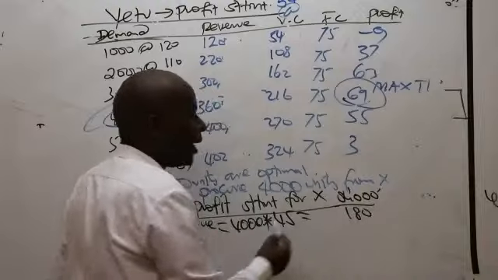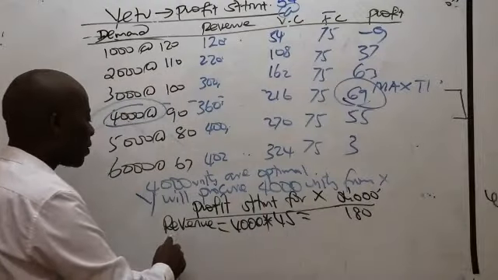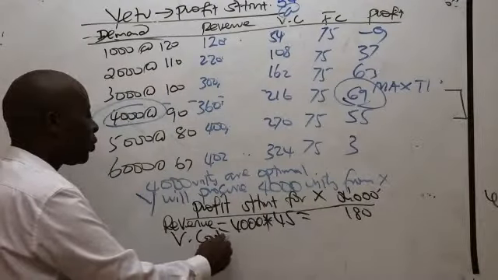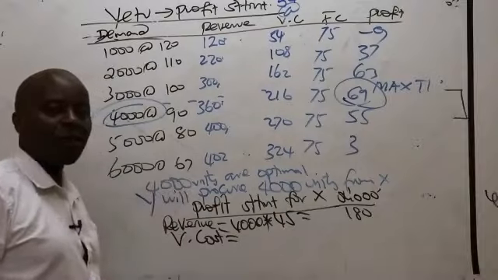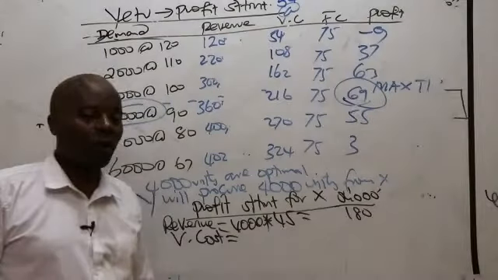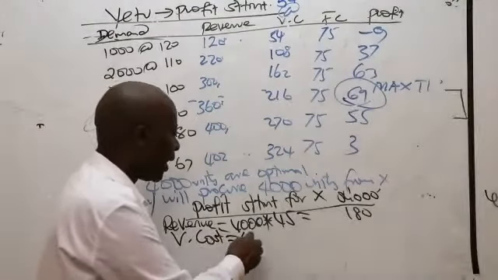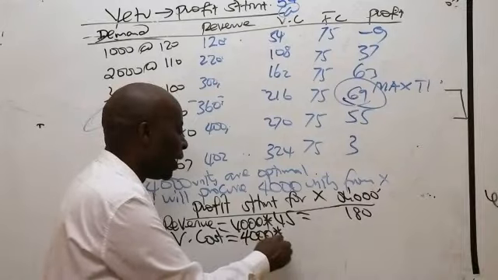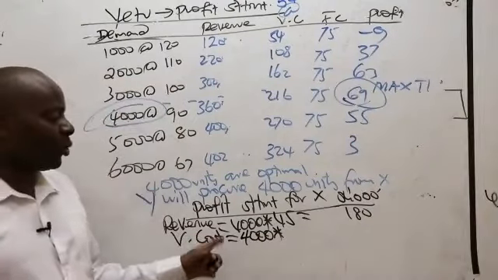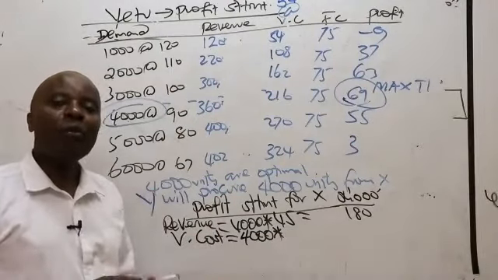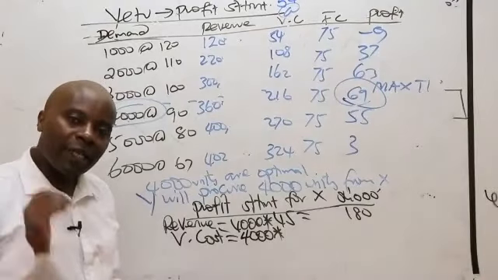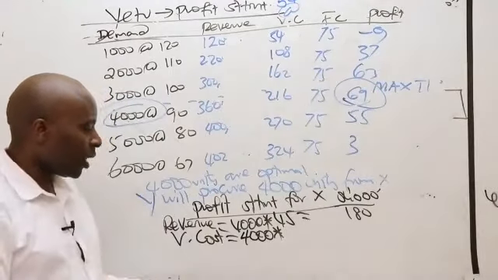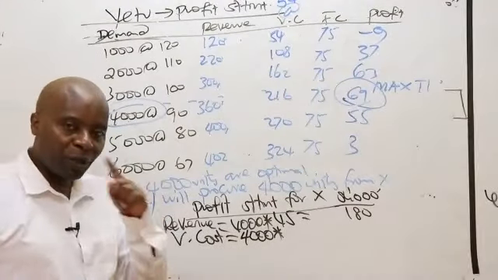180. From there you come and less the costs, of which we shall start with the variable cost, VC. Variable cost is normally pegged on the units produced. Are you able to see where they're giving us the variable cost of X per unit?